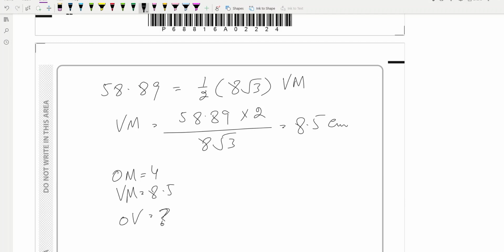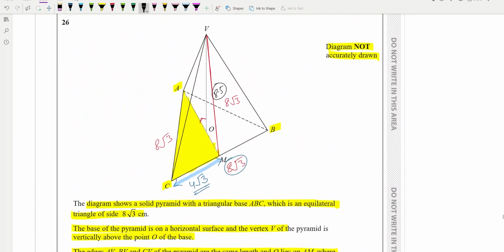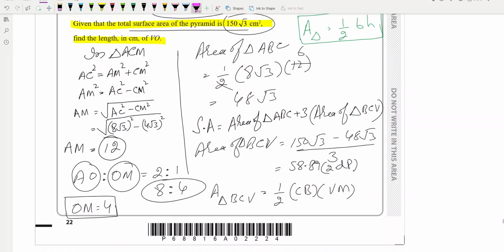If we consider this triangle I'm shading for you, we can consider this a right angle triangle, and we can use this triangle to find the rest of the values. So this is the shaded triangle which I have shaded for you.